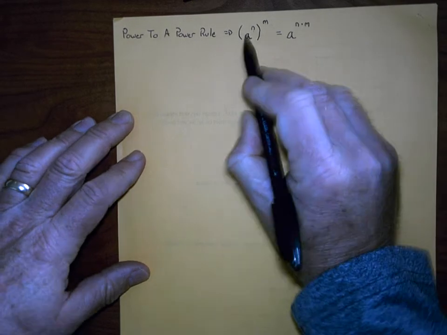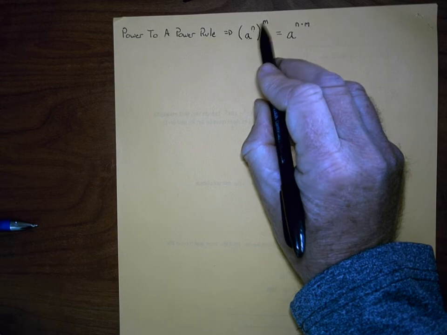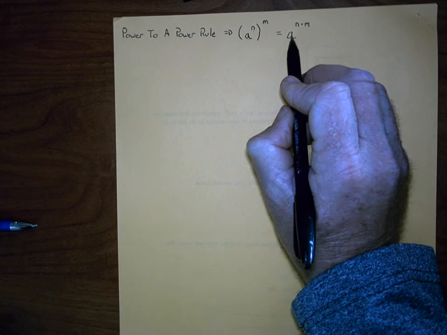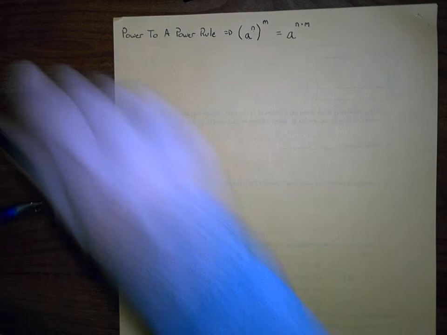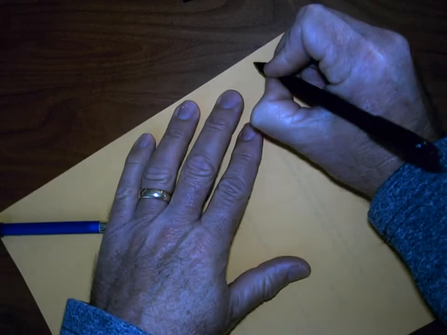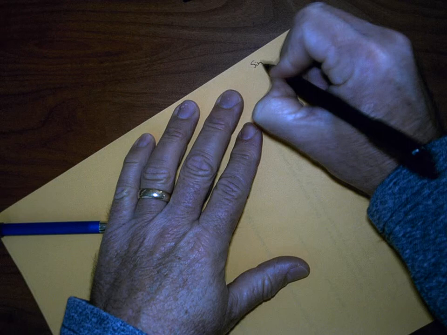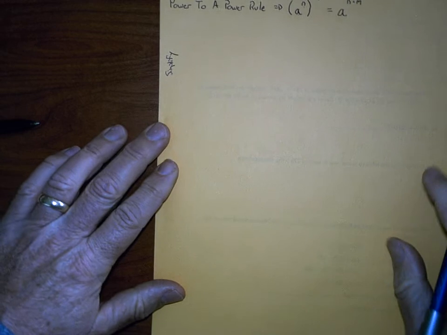So a to the power of n, then to the power of m would simplify to a to the n times m power. Once again, I'm going to give you 3 examples, and we're going to simplify each example, and then we'll move on to the final rule.